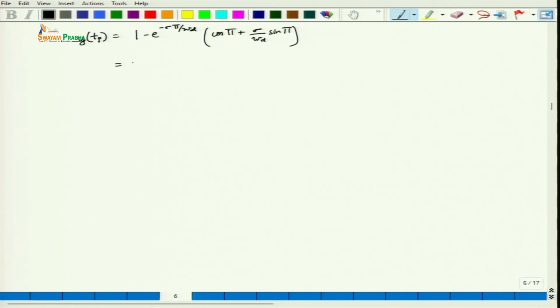If we simplify this, it can be denoted as basically 1 plus MP. So this part corresponds to MP.